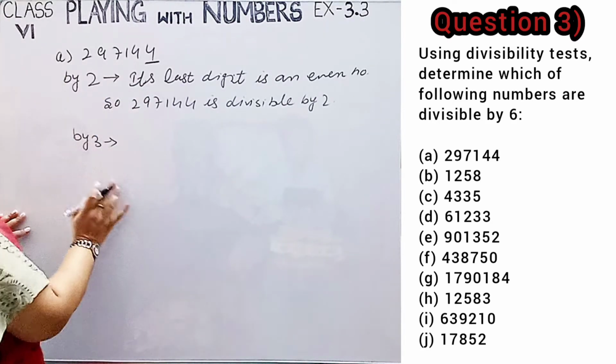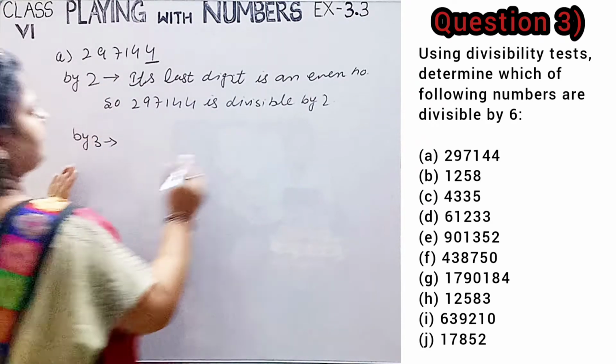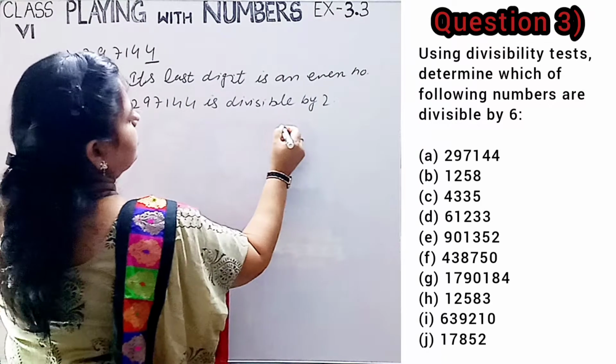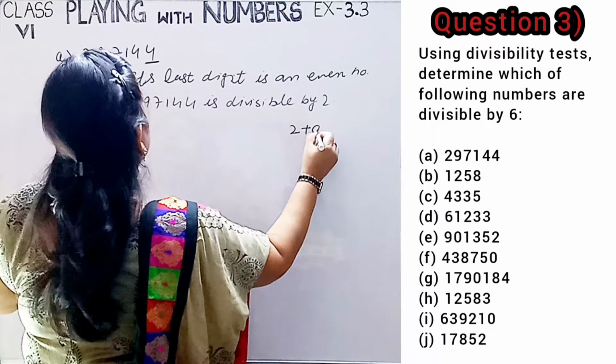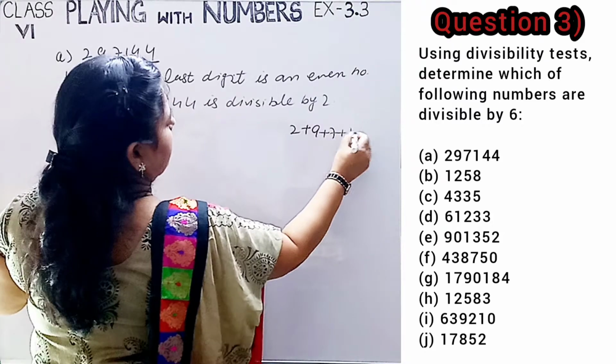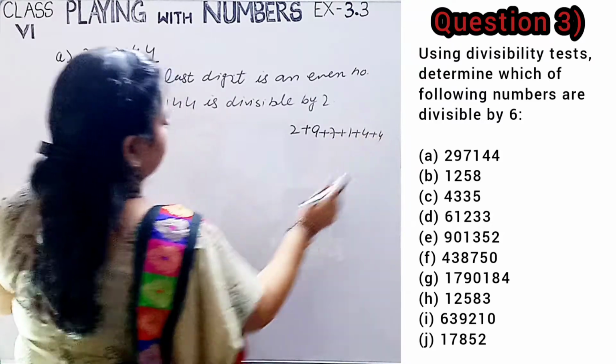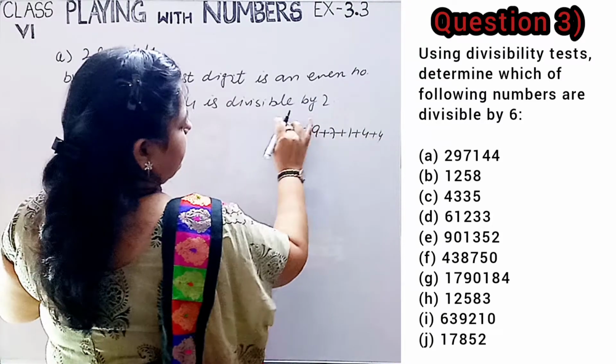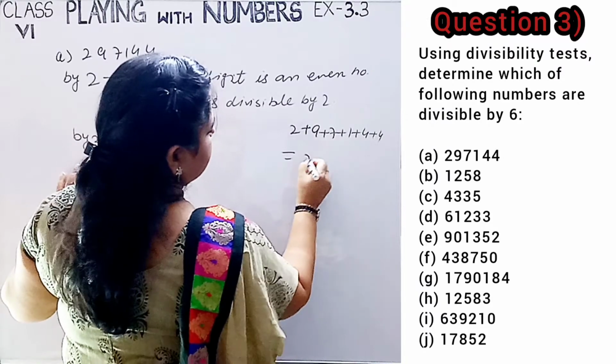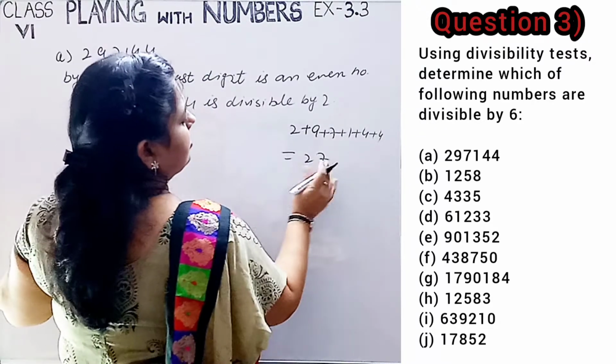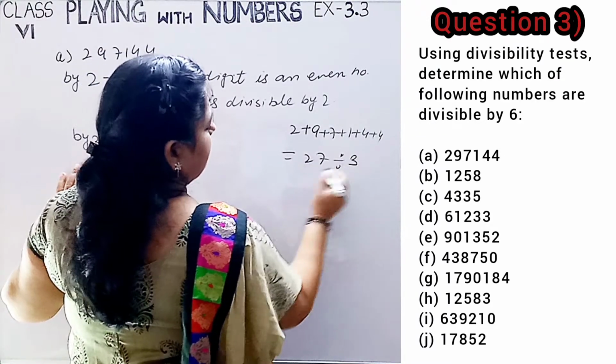Now by 3. To check the divisibility rule of 3, we have to add 2, 9, 7, 1, 4, 4. After adding all these digits, we got 27. And 27 is divisible by 3.